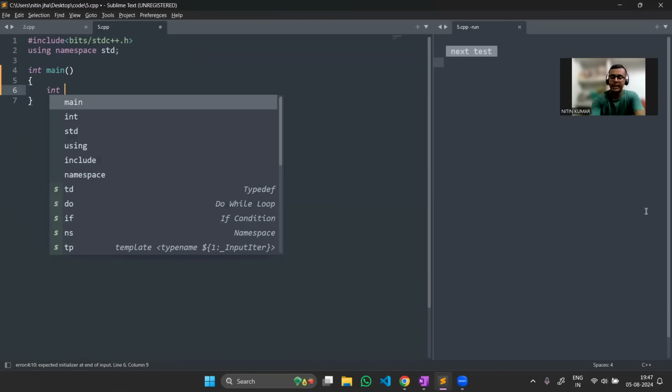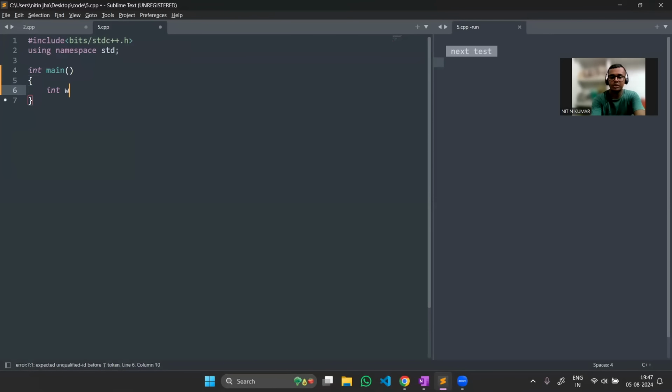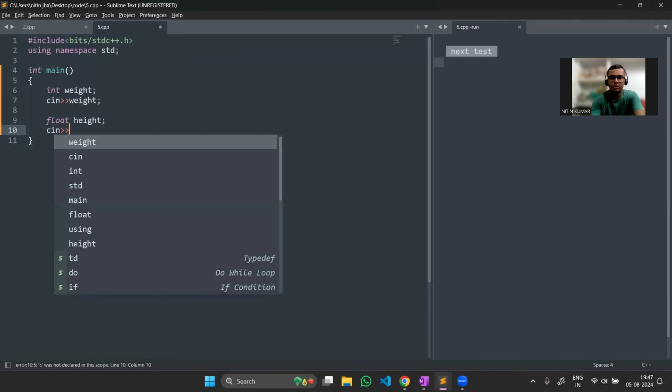The weight data type will be integer, so let's take weight as an input. And the data type of the height will be float, so let's take that also as input.